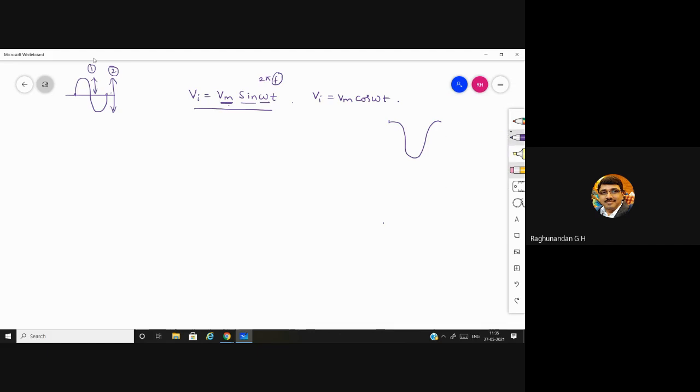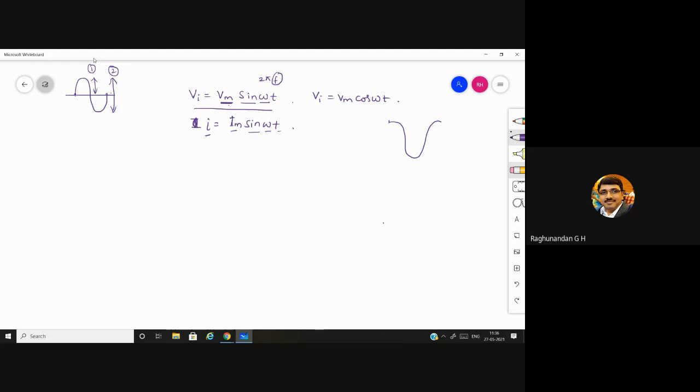The same way you can write for the current also. So I is equal to Im sin omega t, or you can make it capital. This indicates the current. If the given signal is represented in the form of a current, then I is equal to Im sin omega t. It is the total instantaneous current, Im is the peak current, sine is the wave, omega is the angular frequency, and t is time.